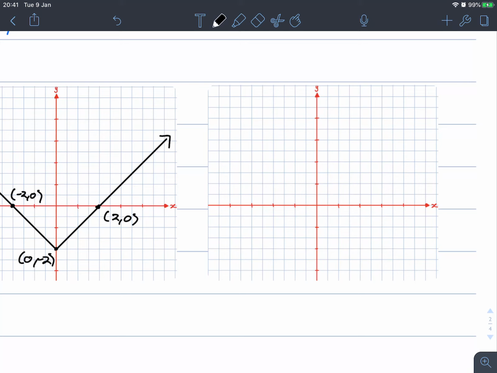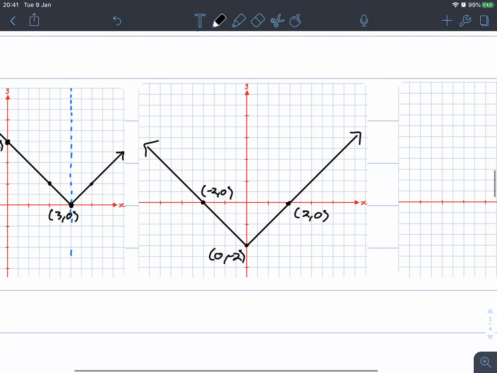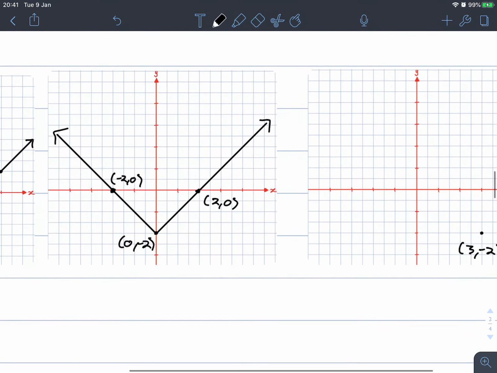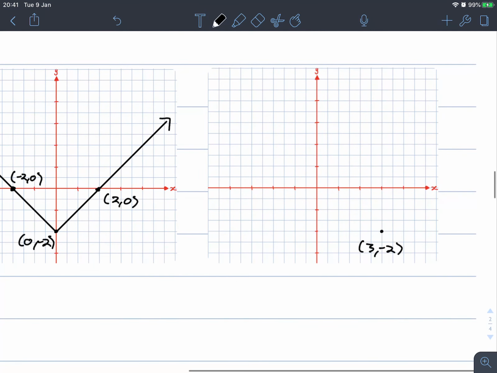So we know our vertex is going to be here. This space here is going to move 3 spaces to the right. So it's going to be at 1, 2, 3. It's going to be at 1. And this point here should be 1, 2, 3. It's going to be at 5.